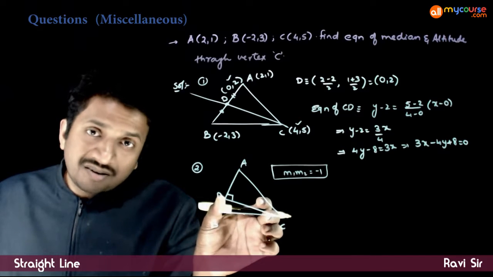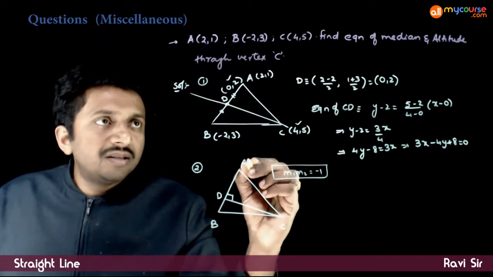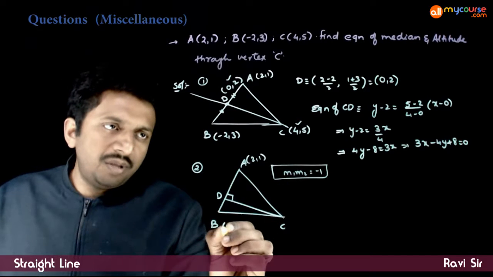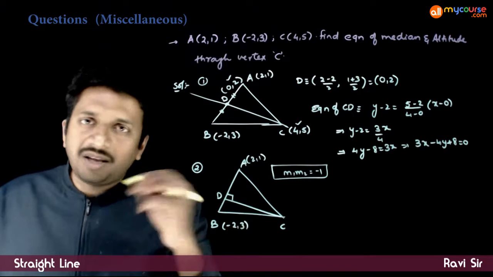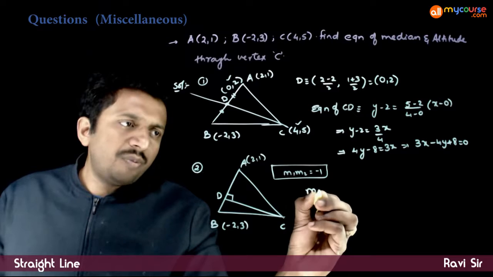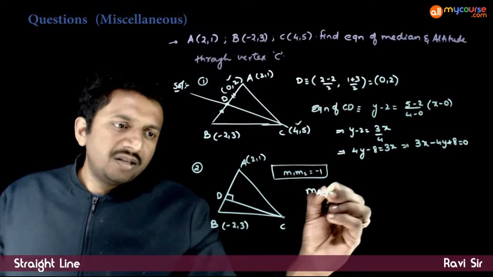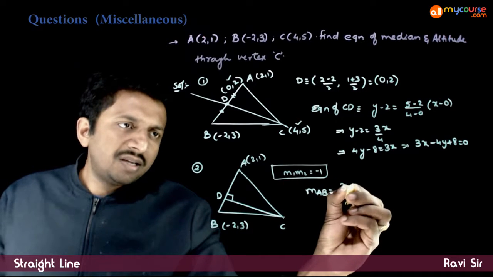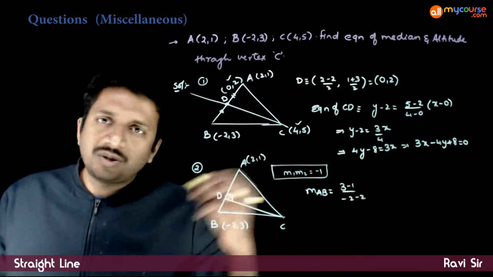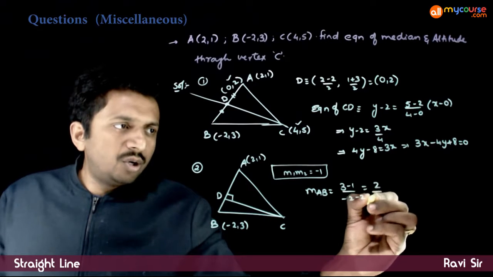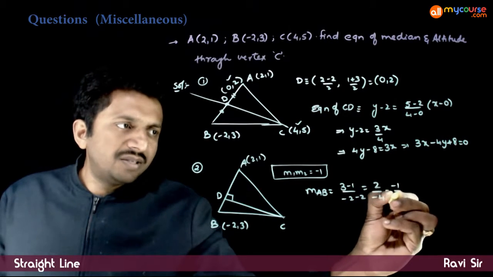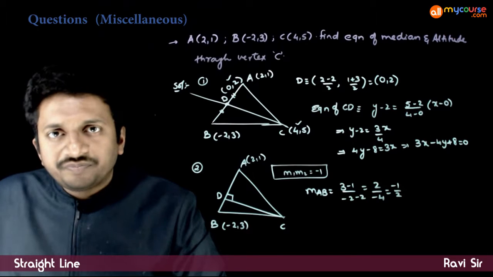Let us first try to find the slope of AB. A is (2, 1), B is (-2, 3). What is the slope of AB? (3 minus 1) divided by -4, that is equal to 2/-4, which is equal to -1/2.